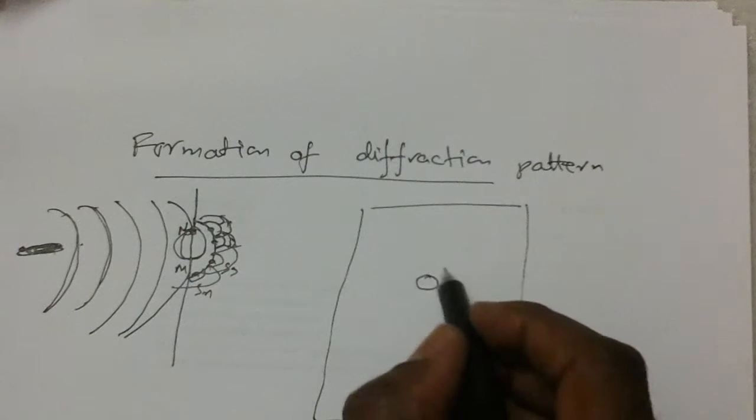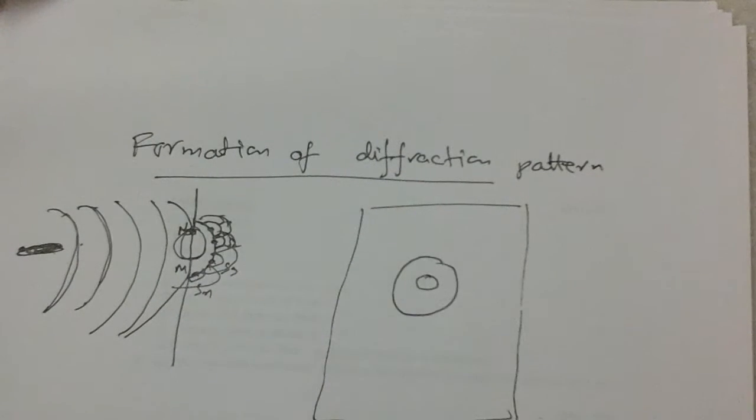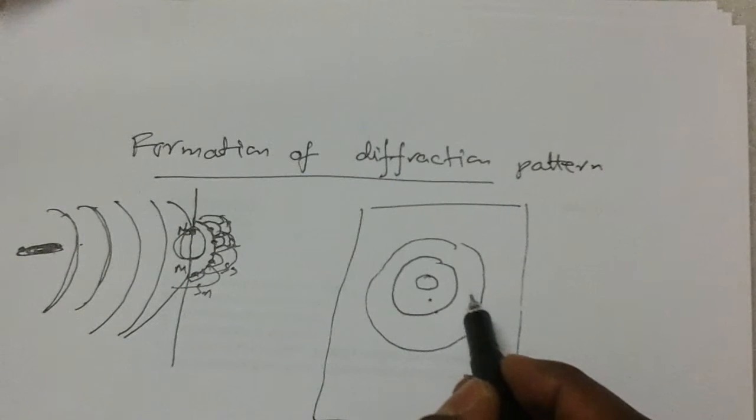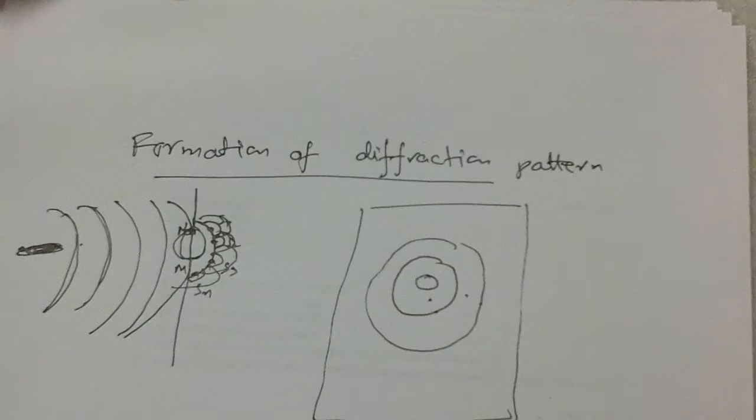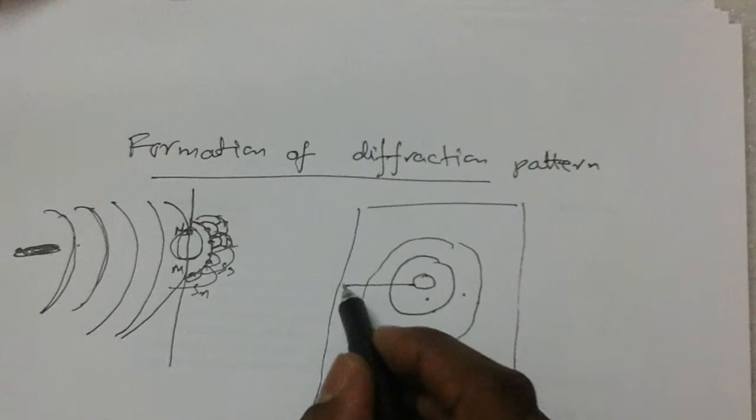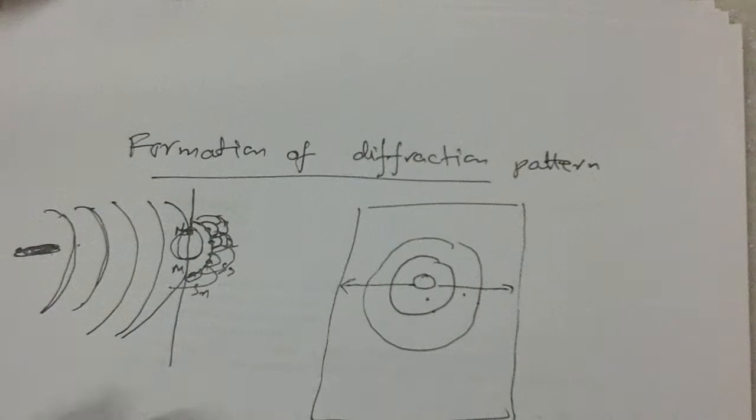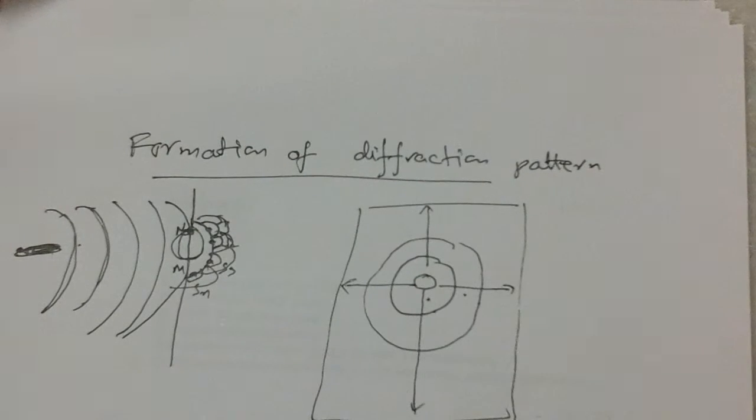Central bright, first dark, second bright, third dark, again bright, again dark, like this bright and dark fringes continuously happen.